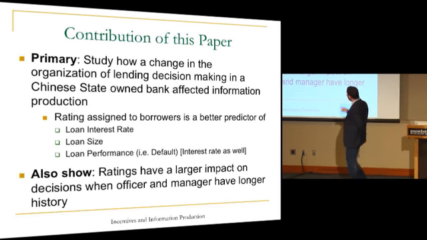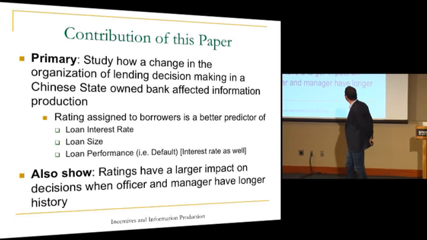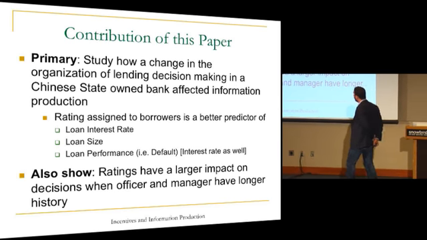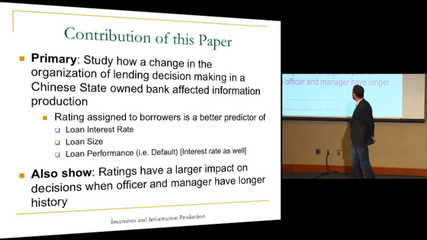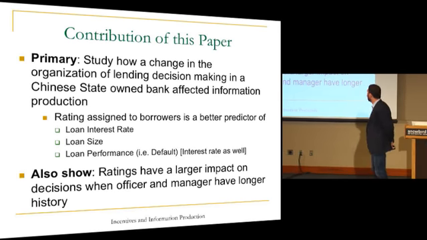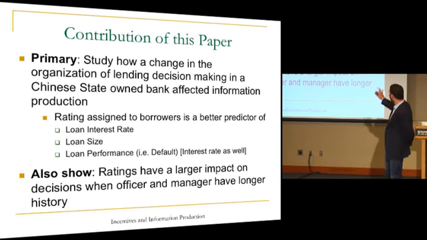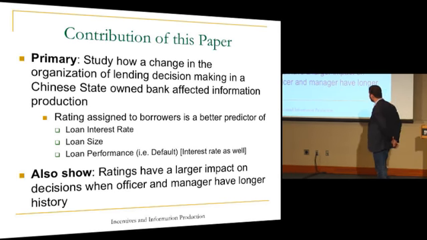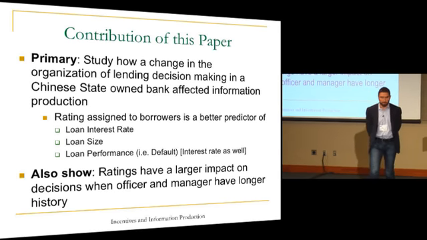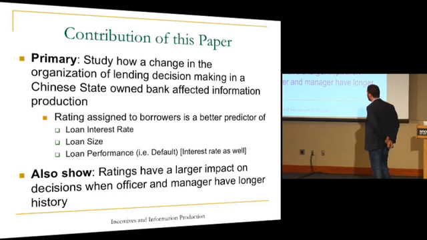We're going to look at a large Chinese state-owned bank, and they're going to argue that the rating assigned to borrowers after an organizational change becomes a better predictor of the interest rate that they end up assigning, the size of the loan, and the loan performance, and also the default as well. There are other outcomes which I'm not going to go through in my discussion today.